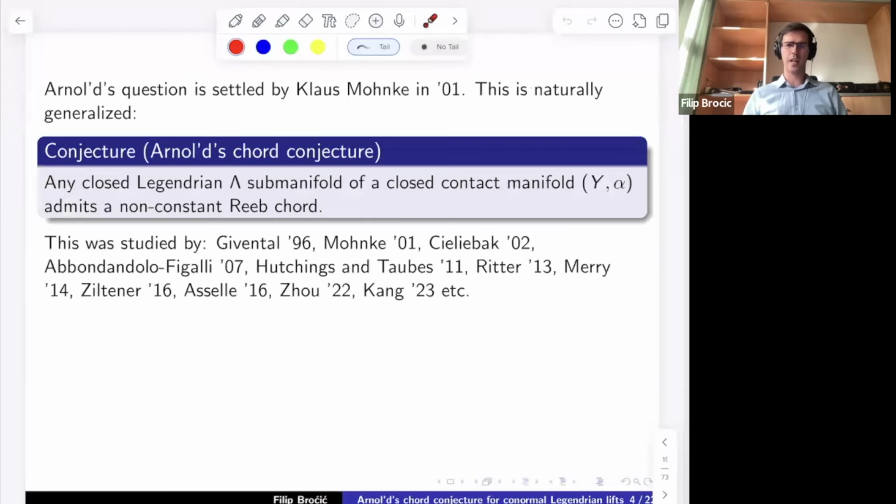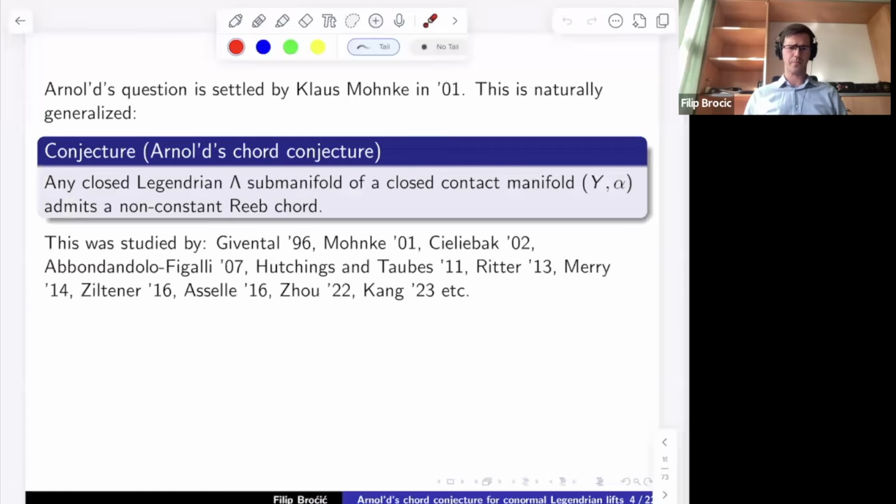Here I'll state a more general version of the Arnold conjecture, what is now known as the Arnold chord conjecture. Given a closed Legendrian submanifold Lambda of a closed contact manifold, there exists a non-constant Reeb chord on Lambda with endpoints on Lambda.